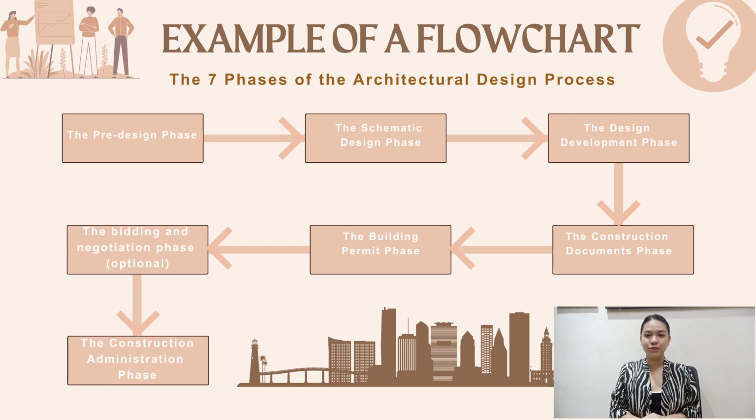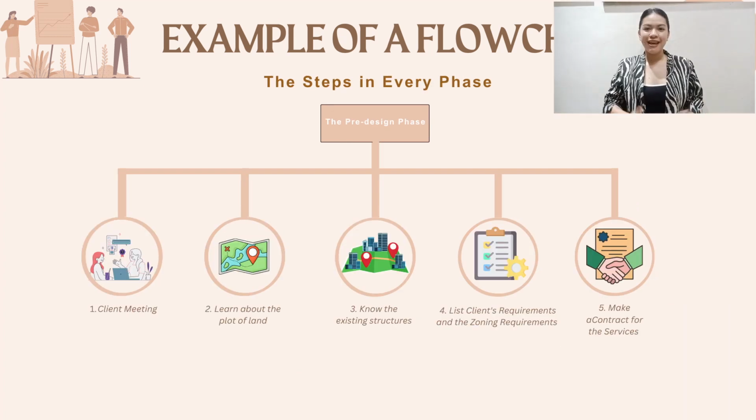Now, I will explain to you how each of the phases works and the steps behind it. Number 1, the pre-design phase, also known as the programming phase. This phase kicks off the architectural design process. In the pre-design phase, the architect interfaces with the client to learn about the plot of land, any existing structures, and the client's wishes for the future building.